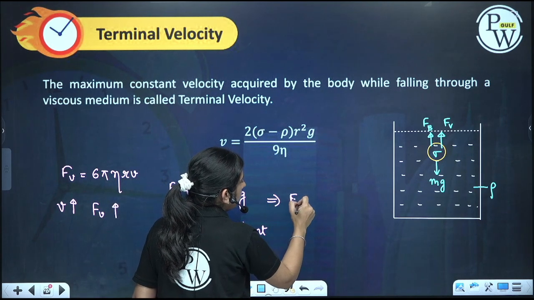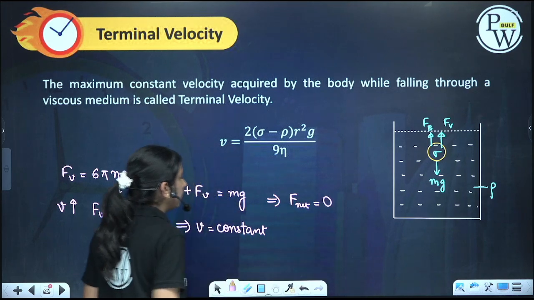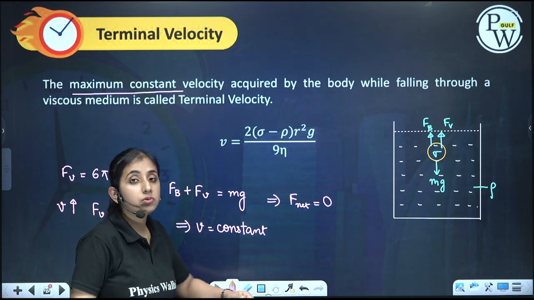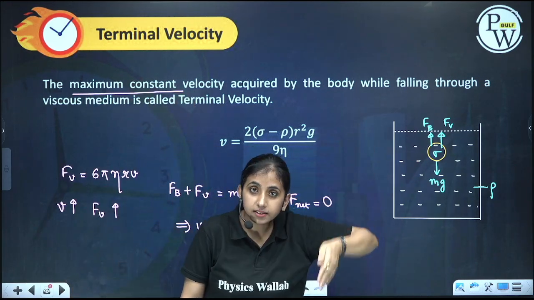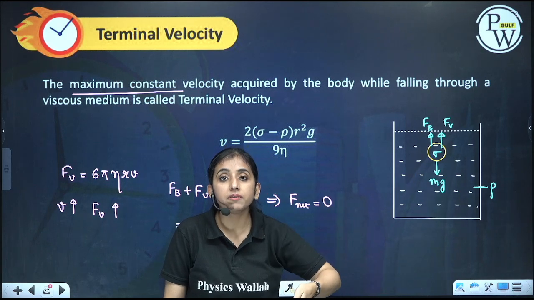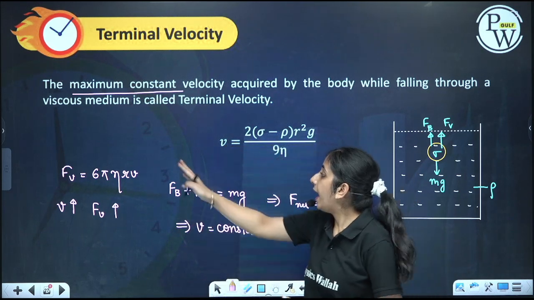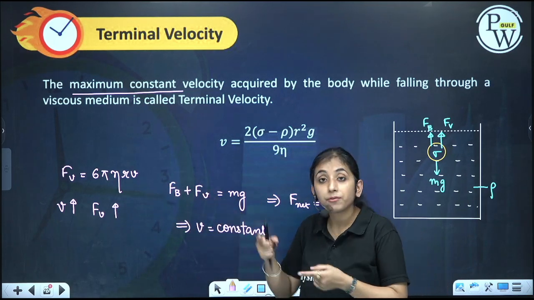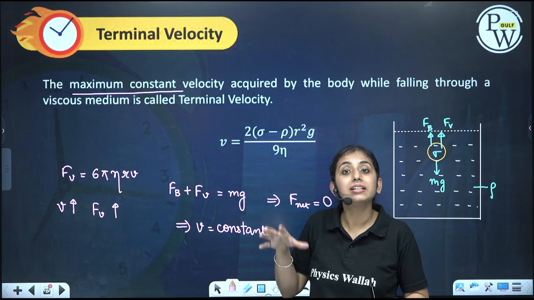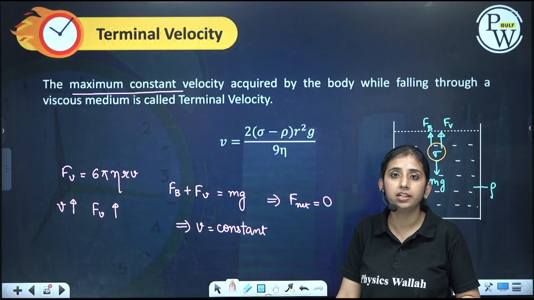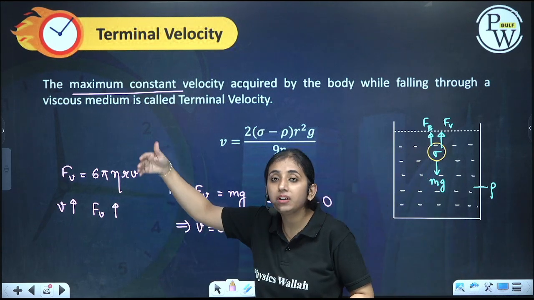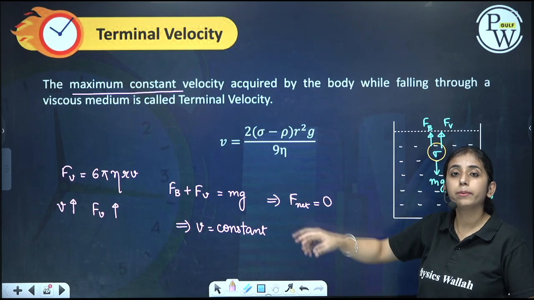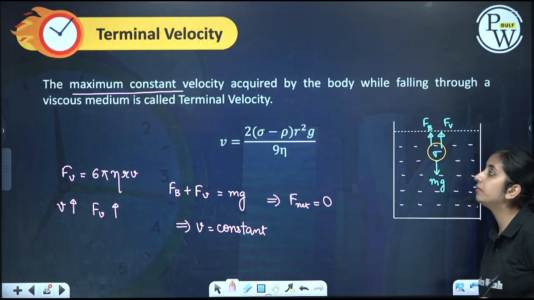Initially mg is greater than Fb plus Fv, so there is a net downward force and velocity will increase. As velocity increases, Fv increases, so Fb plus Fv keeps increasing but is still less than mg, so velocity keeps on increasing. A time will come when the sum of the two will be equal to mg, net force becomes 0 and velocity will become constant.